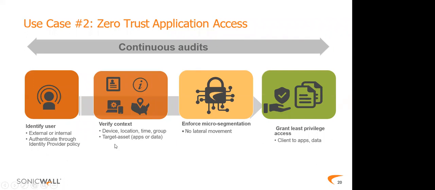They can also verify the context: your device, the location, the time, or the group, and any of your target access. So it can verify and then send you to the correct target access because the policy is already configured.